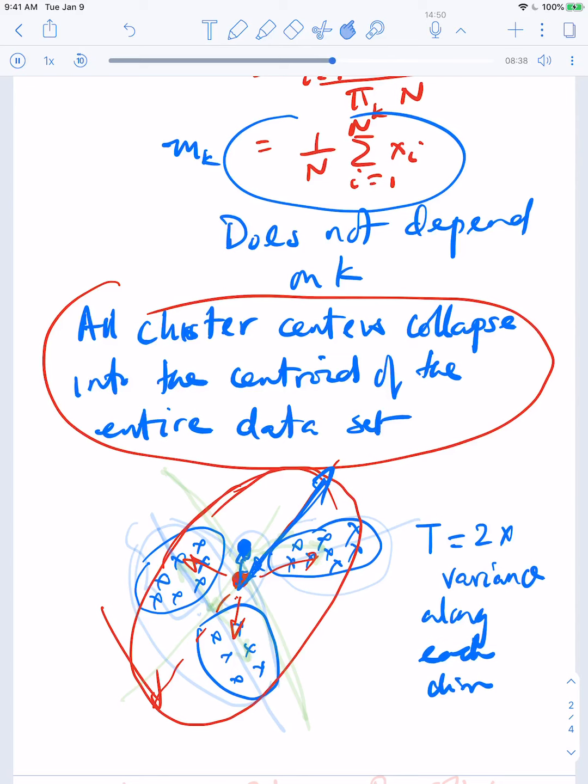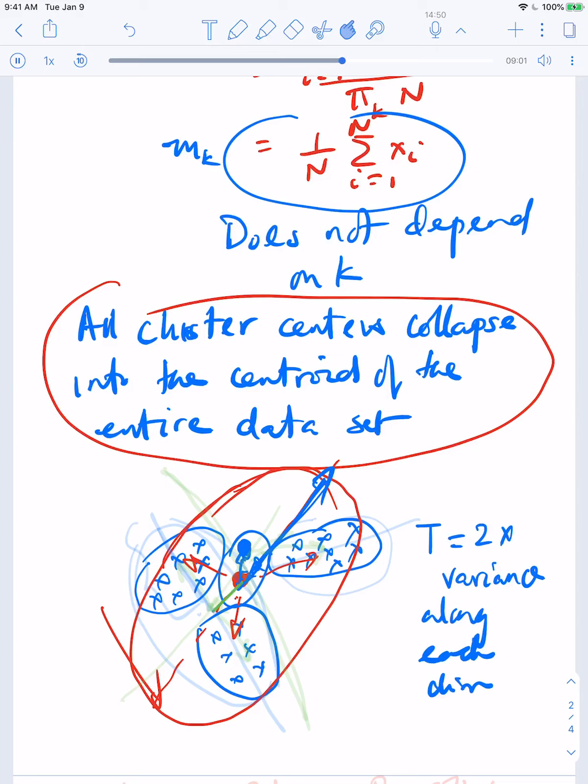So when I run soft k-means, I generated these two clusters. Before, when the temperature was high, we expect these two to collapse on each other and become the same thing. Once the temperature reaches below a critical threshold, we expect these guys to split.